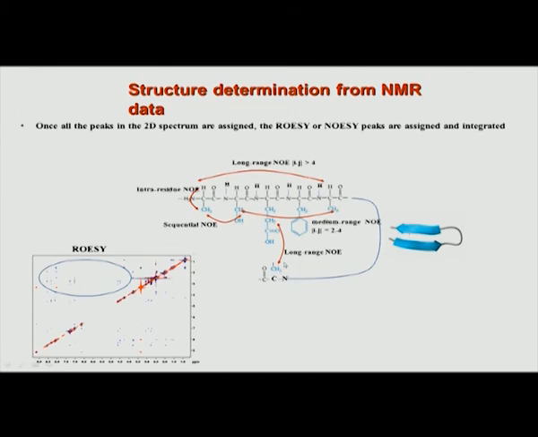That results in very long range distance information, and this is very useful because it tells us that these two strands are coming close to each other. You may not see that information if this is an open structure. Suppose these two strands are open and not coming near each other, then this correlation will not appear. So, by seeing this correlation in a NOESY, one can say that I have got a long range NOE between these two residues.